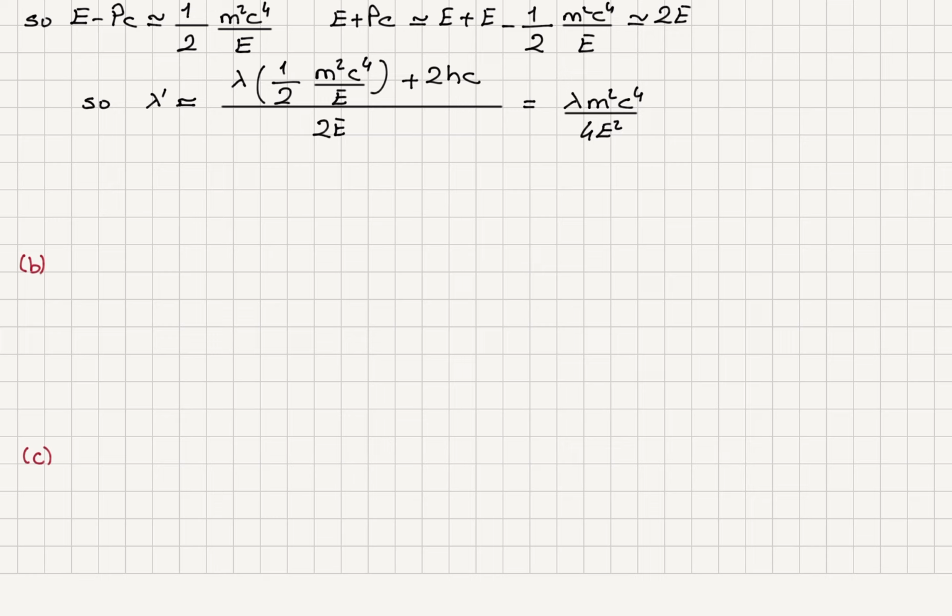That's the first term. And then I have 2hc divided by 2E, which gives me hc divided by E. Now I factor out hc over E. Here I have 1, that's the first term, and then here I have lambda m squared c to the fourth power divided by 4E hc.